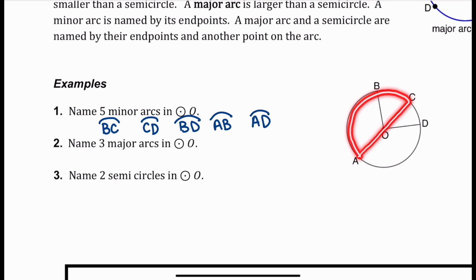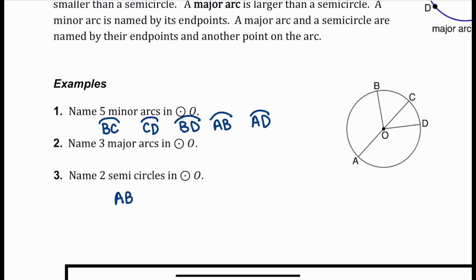Now we are not just going to say AC, because if I just say AC, I don't know, are we talking about this semicircle or this semicircle? We need to add in an extra letter so I know which side of AC I'm talking about. If I'm doing this side, I want to add in the extra B so I know which side.